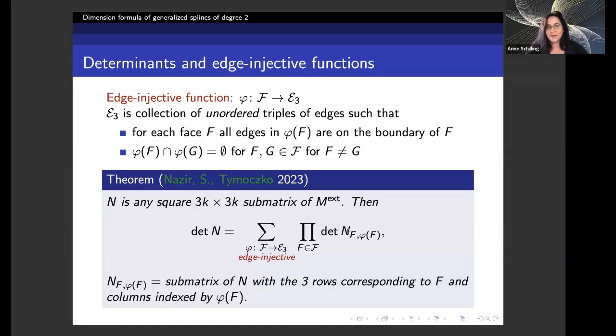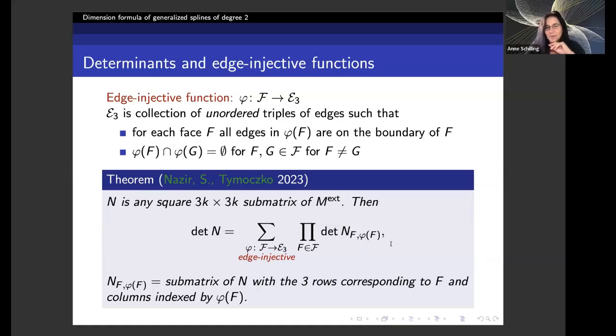So this means I pick that particular face, which corresponds to 3 rows, and then I pick the 3 columns specified by the image of phi_F, and that gives me a 3 by 3 Vandermonde determinant. So basically, this is a sum over edge-injective functions of a product of Vandermonde determinants.